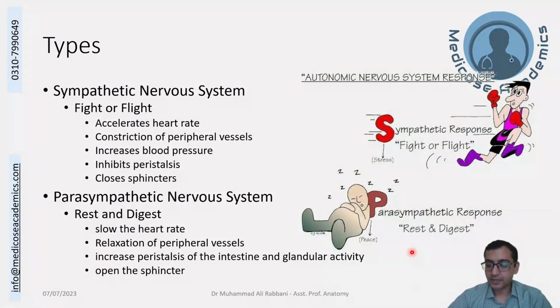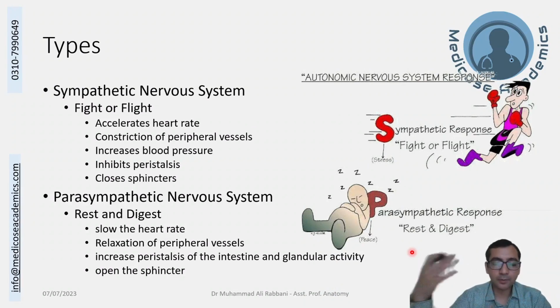The autonomic nervous system consists of two parts, sympathetic and parasympathetic. This is what you have been reading about even before entering the medical field, in O levels, A levels, and FSc. The sympathetic nervous system is the one that helps you in fight or flight.